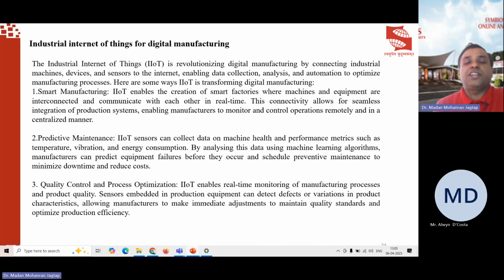The industrial Internet of Things sensors can collect data on machine health and performance metrics such as temperature, vibration, and energy consumption. As we know, the condition monitoring system basically depends on vibration measurement.